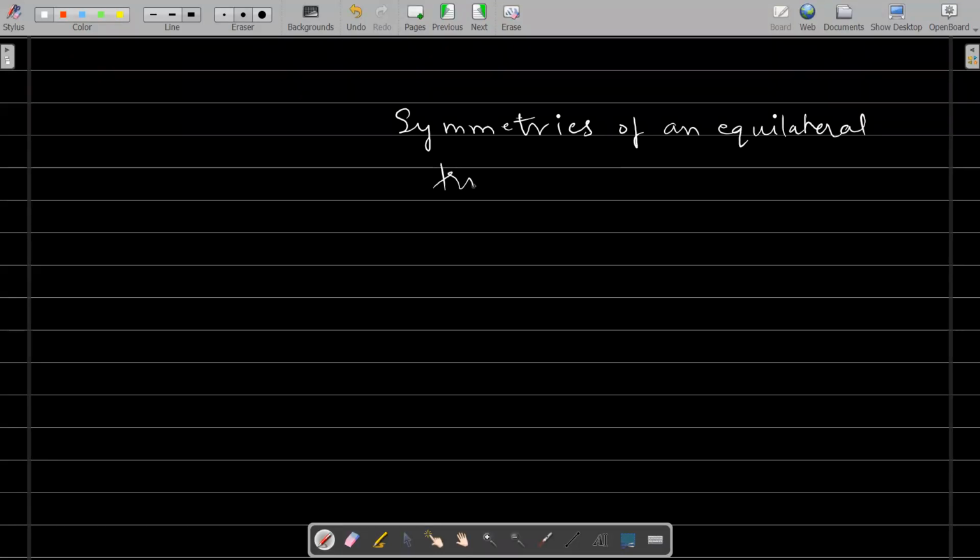And more generally, you can talk of symmetries of a square, a regular pentagon, a regular hexagon, and so on, or more generally a regular n-gon. Yeah, so what do we mean by symmetries?